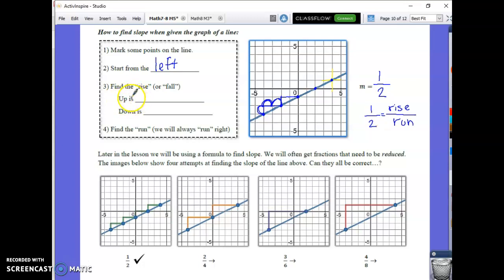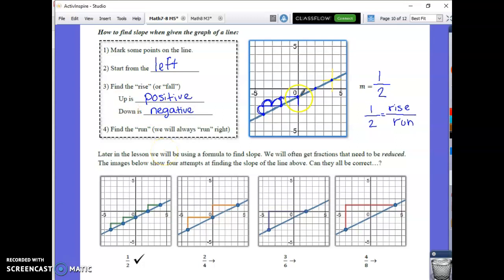Whenever you go up on a graph, guys, that's always associated with what kind of movement? A positive or a negative movement? Positive, correct. And if you're going down, from this point to this point, what kind of movement would that be? A negative movement, right?